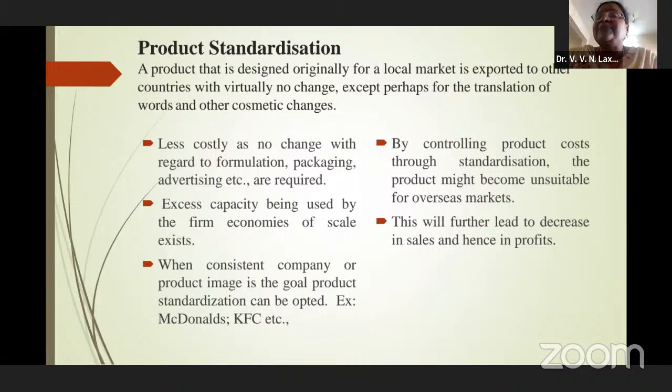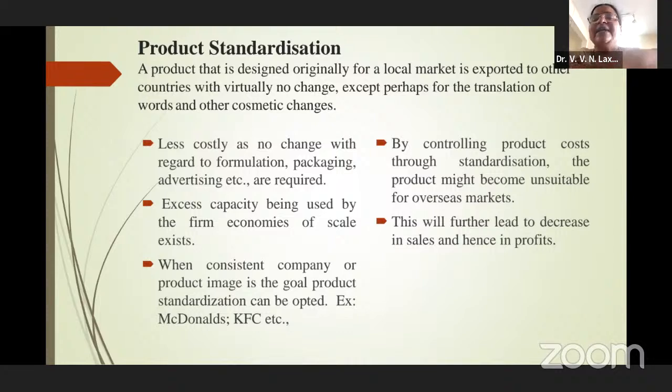At the same time, the company can take up economies of scale. But the problem with this is, if the foreign market, that is the overseas market, is too heterogeneous in nature, this strategy may not function.